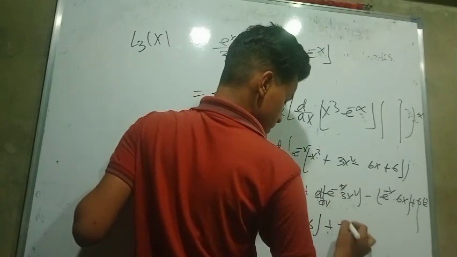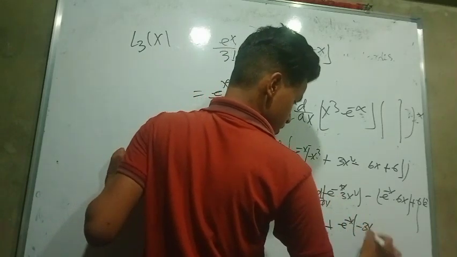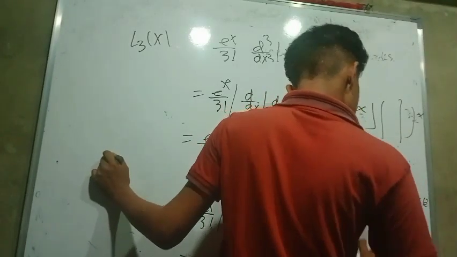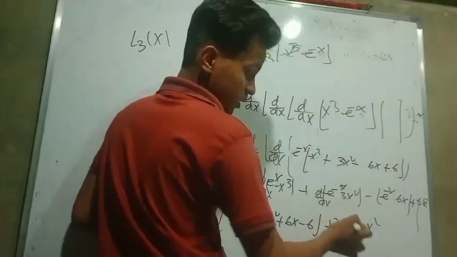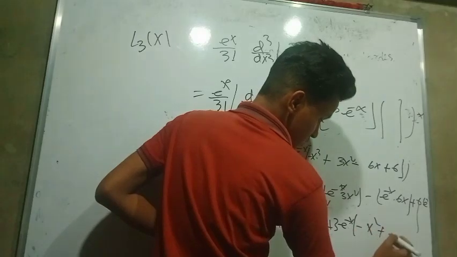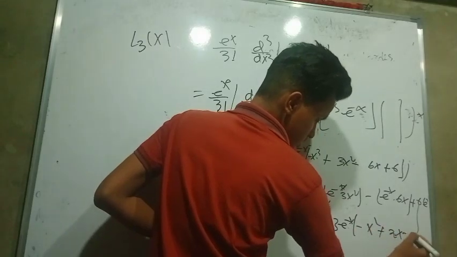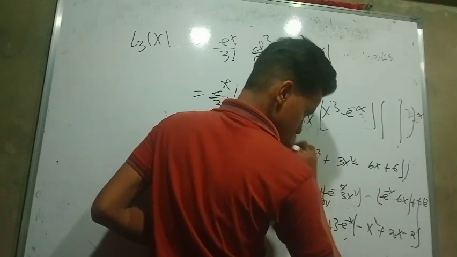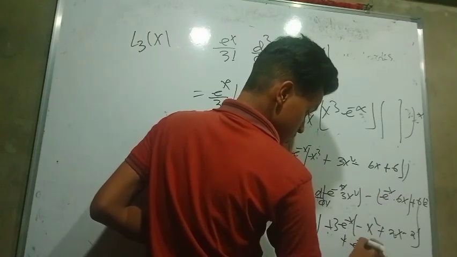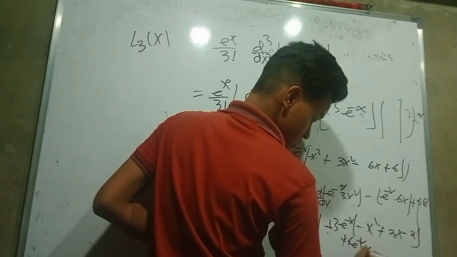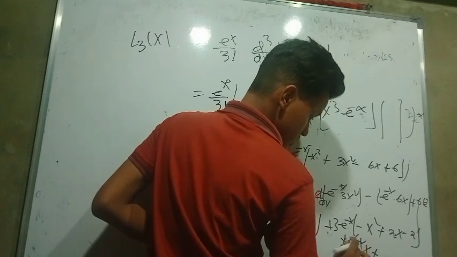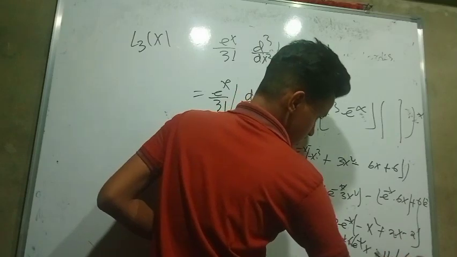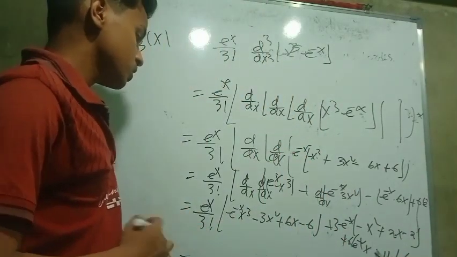So it will give us minus e^-x 3x². Taking 3 outside, obviously 3 is outside. Now it is 6 minus, it will give us plus 2x. Now it is time for minus 2. Similarly, it will give us here minus, obviously it will be plus, e^-x upon 6, taken outside, 6 plus, since it is minus it will give us minus, plus 6 minus e^-x. So this is our result.